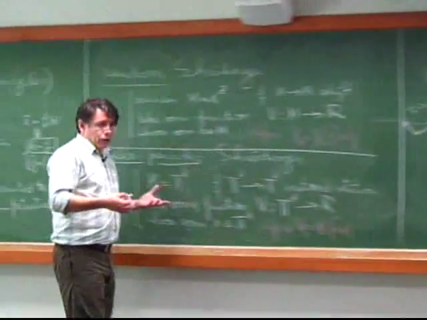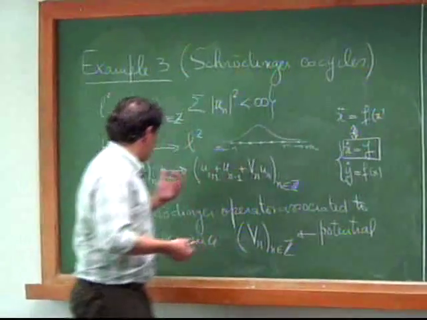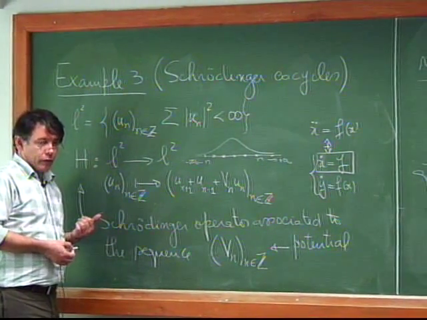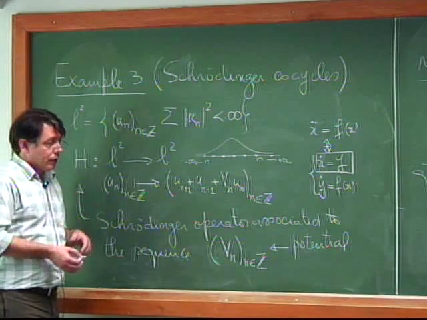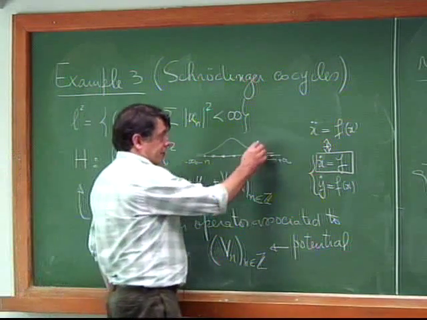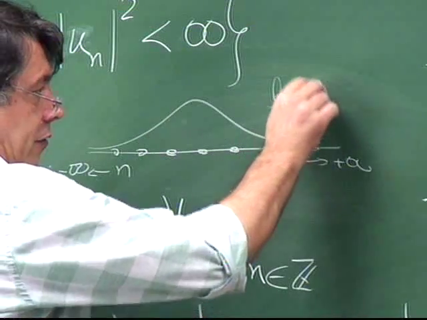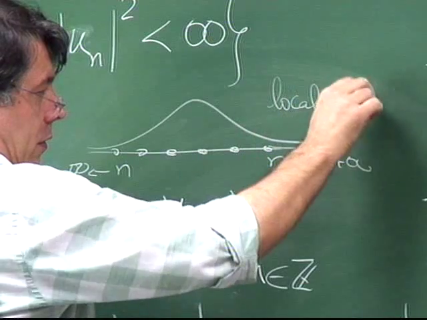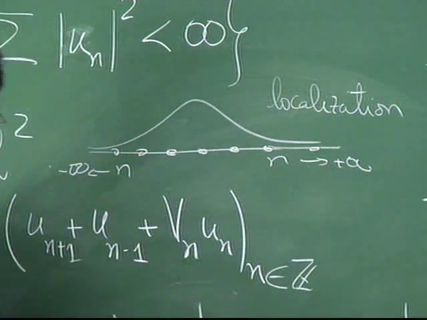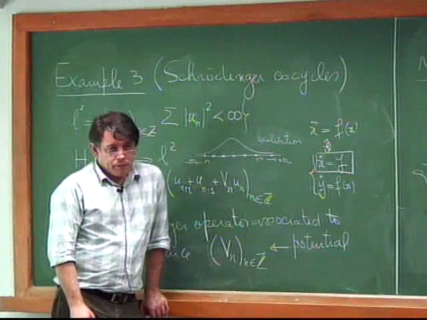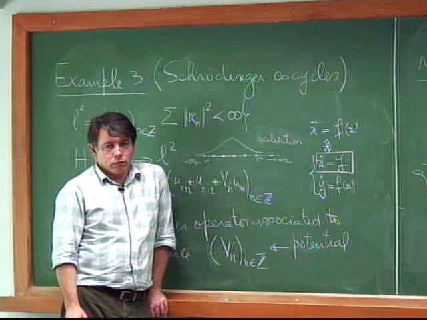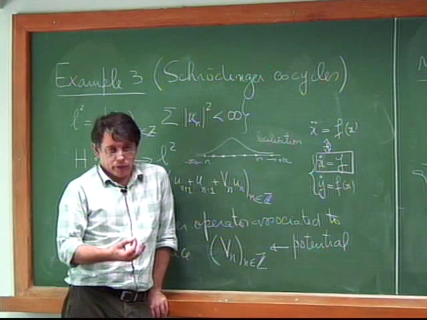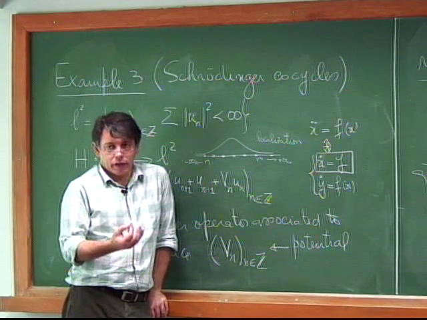Why do we choose L2? First of all, because from the mathematical point of view, this is a very nice space, it's a Hilbert space, and so on. But that's not the only reason. Another reason is that the physicists are very interested in the phenomenon they call localization. Localization in physics means, quantum particles are not really solid objects.